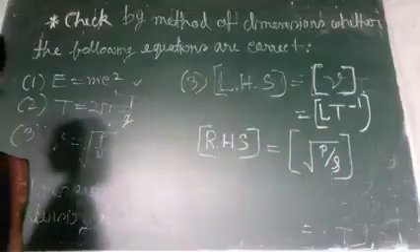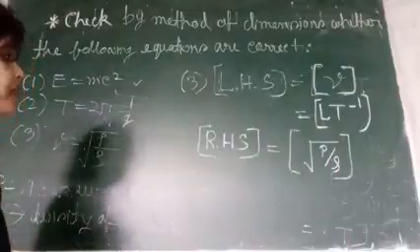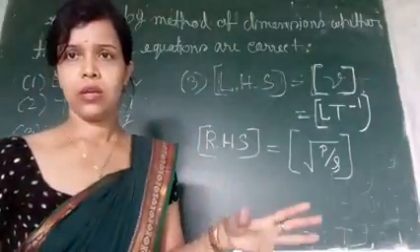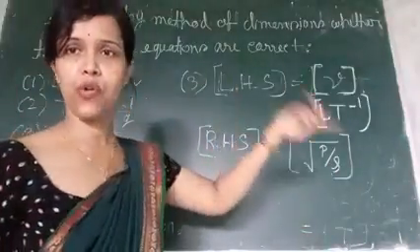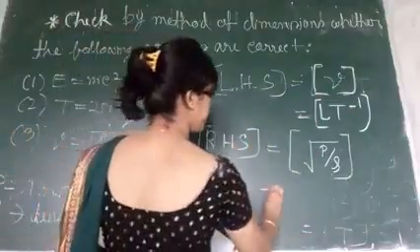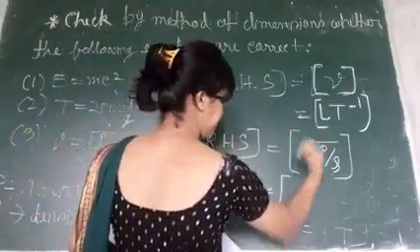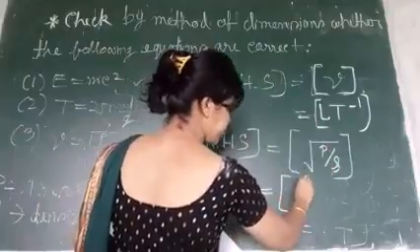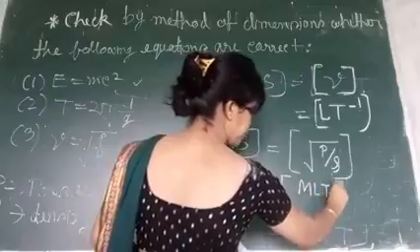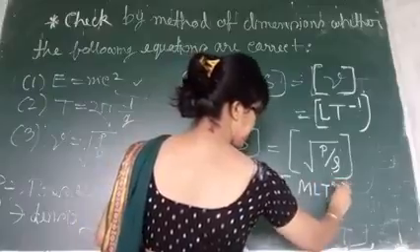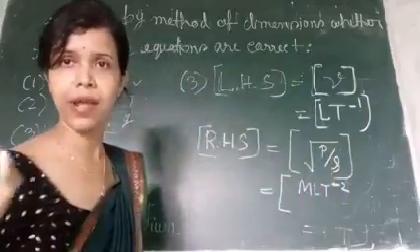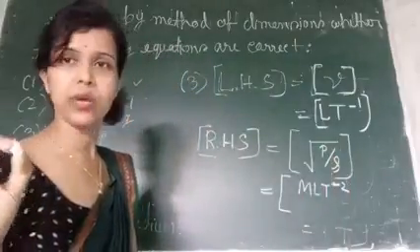P here means pressure, and pressure means force divided by area. For pressure we get the dimensional formula: force is M L t to the power minus 2, divided by area. For area, the dimensional equation is L square.